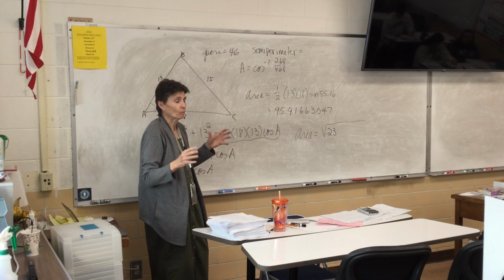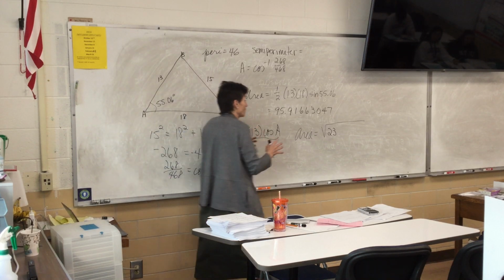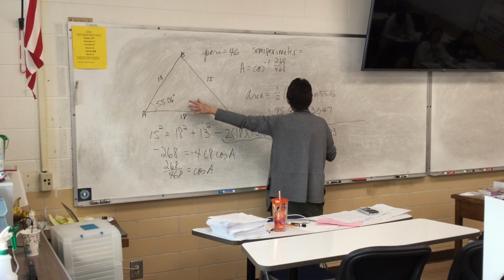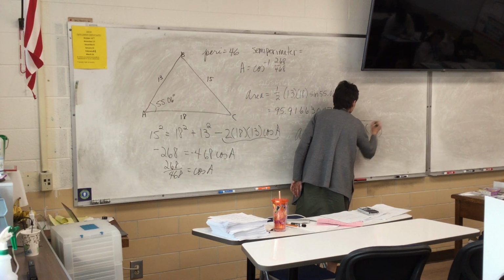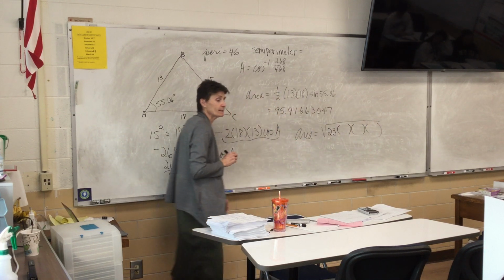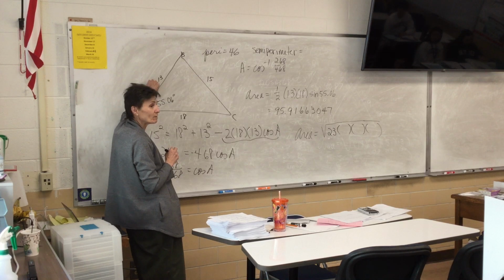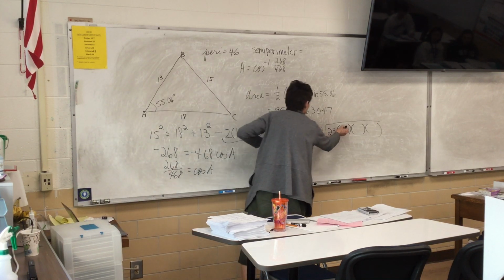I'm going to give you the actual formula in a minute, but right now we're just working through it. The first number under the radical is the semi-perimeter of the triangle. Now, take that semi-perimeter, that 23, minus each side. So 23 minus 13 would be 10.